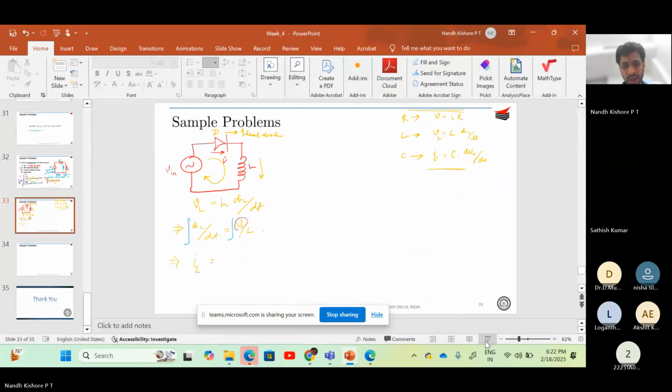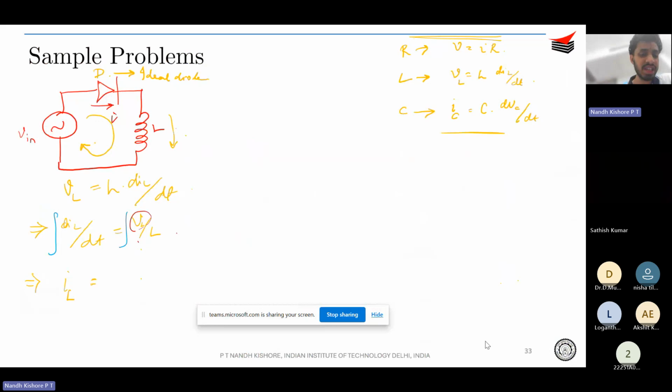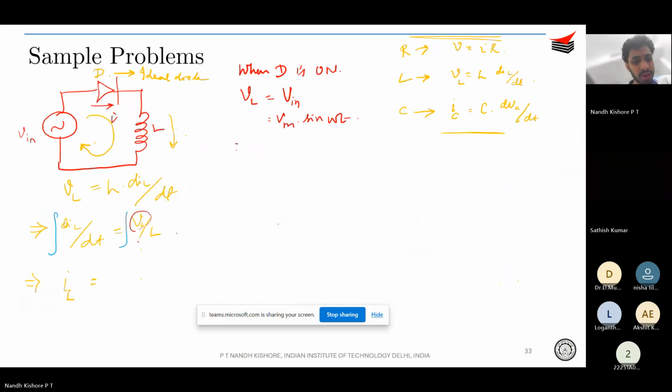Fine. So as I was telling, VL needs to be some function of time, right? So when your diode is forward biased, when D is on, what will be VL? VL is equal to V in, correct? That is Vm sin omega t.